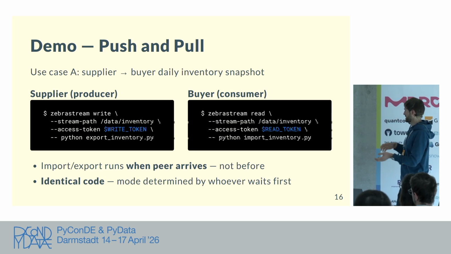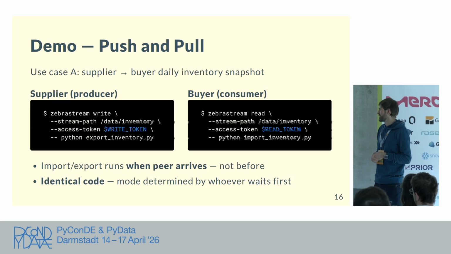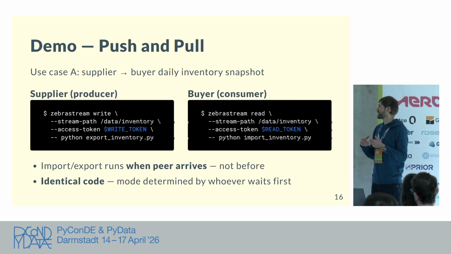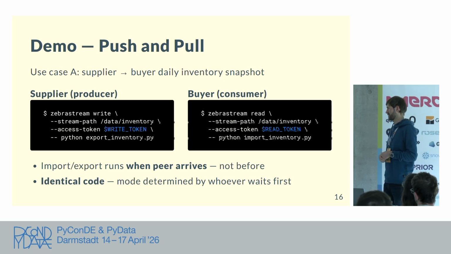Suppose the buyer has a pipeline which does the pricing. The job of the export and import logic is that the export extracts the data from the database or warehouse and sends it into the stream, into the channel, and on the buyer side, we receive it, directly process it, and load it into the pricing pipeline.